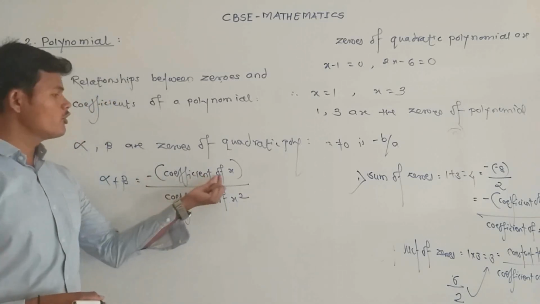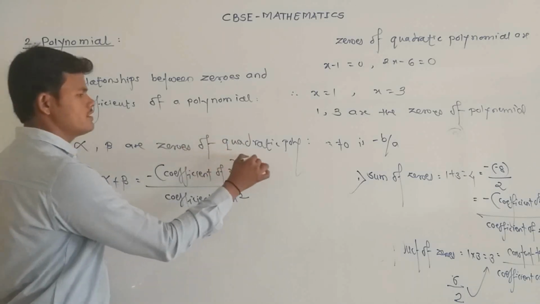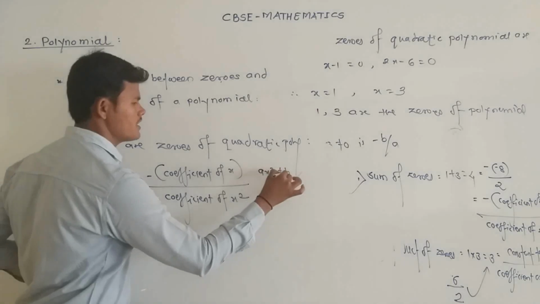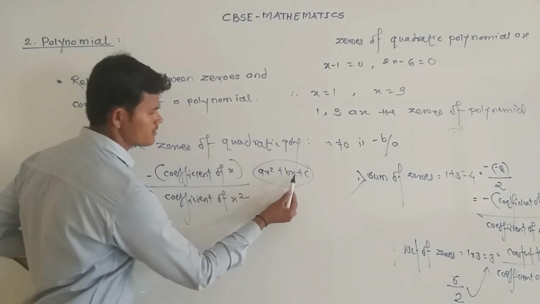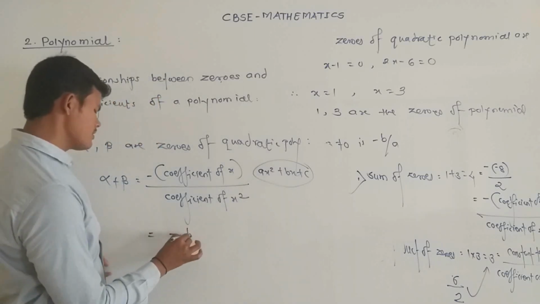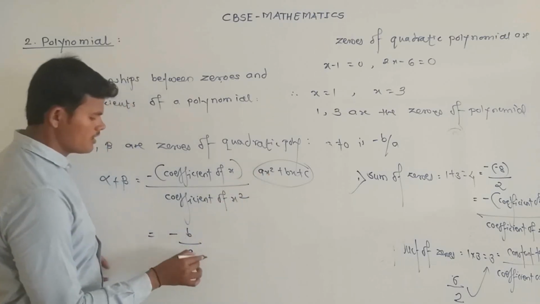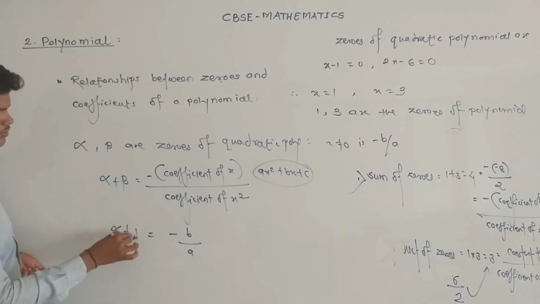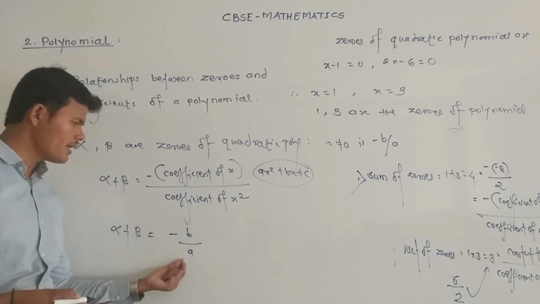The standard form of a quadratic equation is ax square plus bx plus c. So minus of the coefficient of x is nothing but minus b, and the coefficient of x square is nothing but a. So we get the sum of zeros, alpha plus beta, is equal to minus b by a.